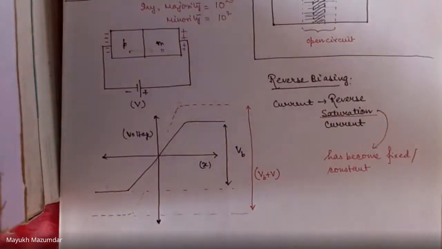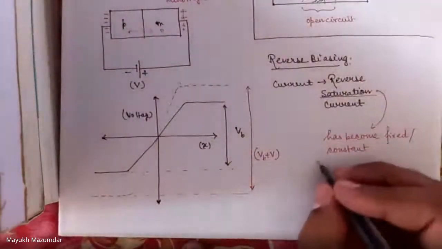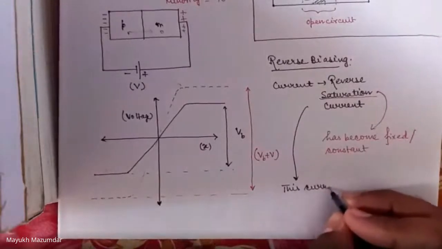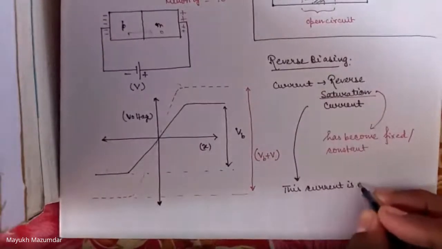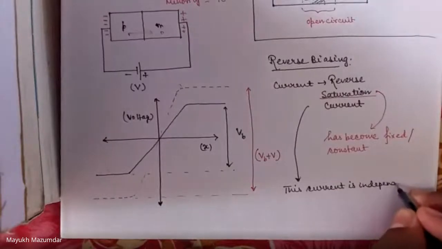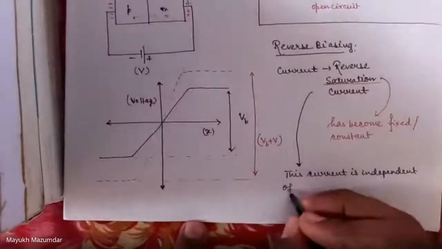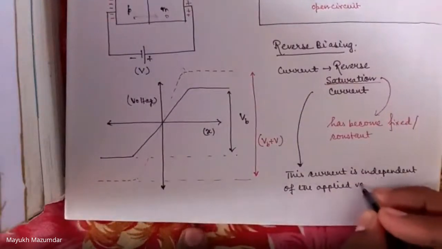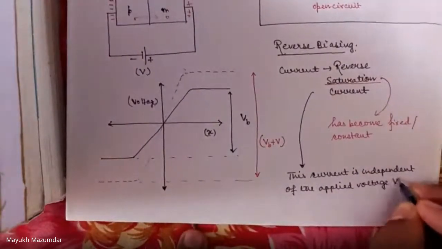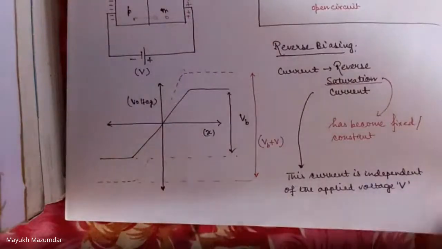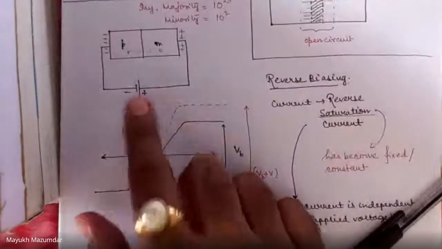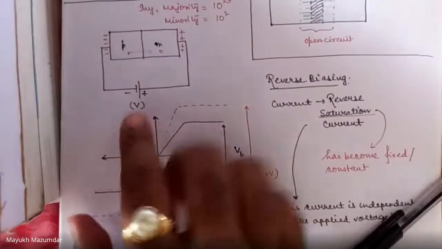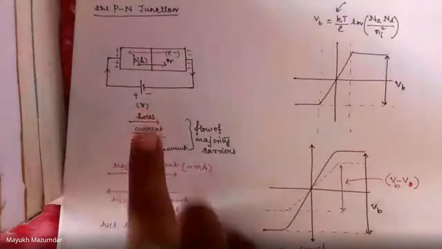So why is this saturation happening for this current? This current is independent of the applied voltage V. It doesn't matter whether you are giving 5 volt, or minus 5 volt in the opposite direction, or 10 volt.